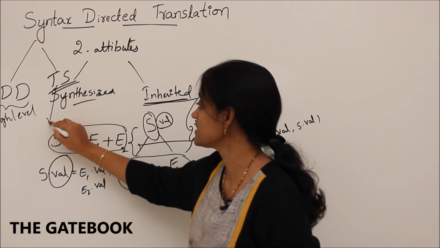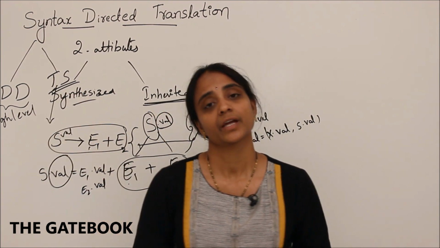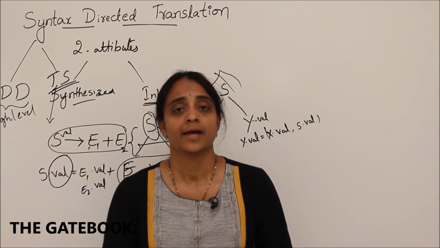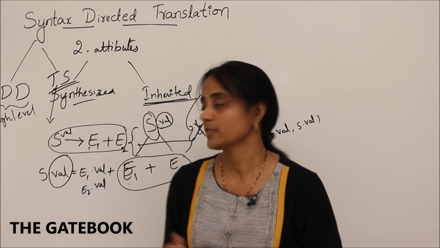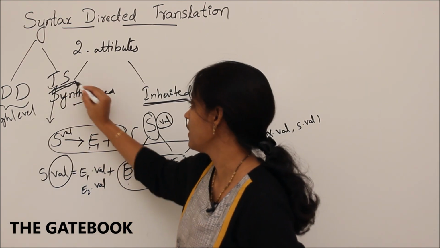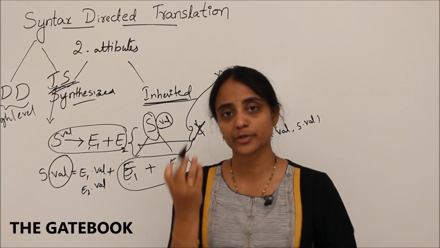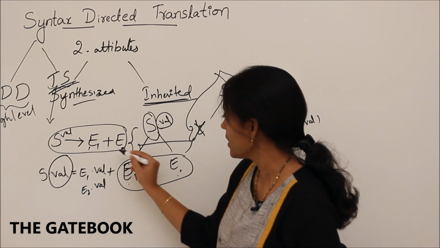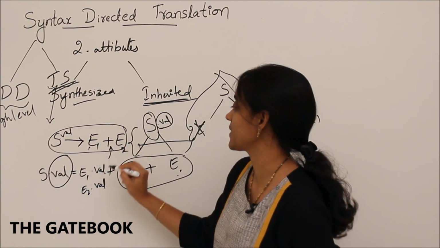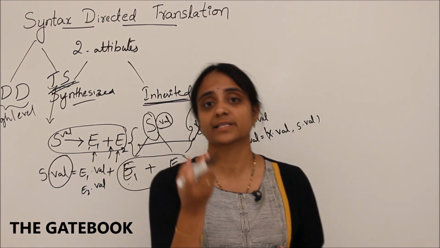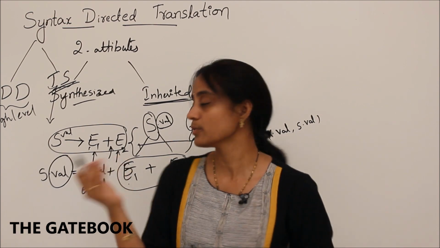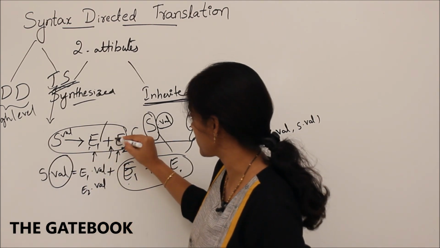The other one is the translation schema. In translation schemas, it will tell some implementation details. Suppose we have a translation schema, and we want to compute a particular attribute value. It will tell exactly where this rule needs to be applied, maybe here or maybe here.